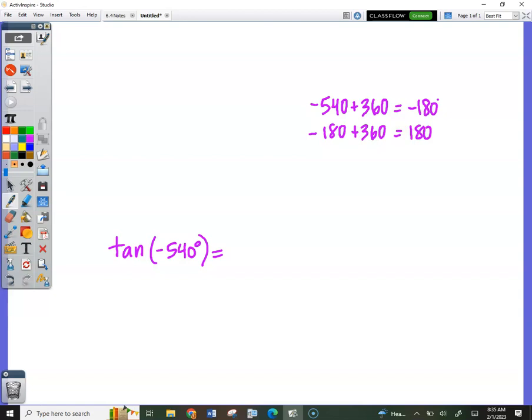So the tangent of negative 540 is going to be the same as the tangent of 180. And then that is a quadrantal angle because it lands on one of the axes. Where does it land? It lands right here. And you had to think of the coordinates of that quadrantal angle.